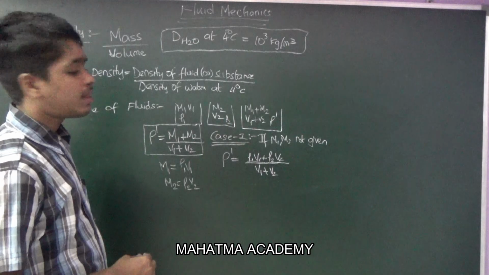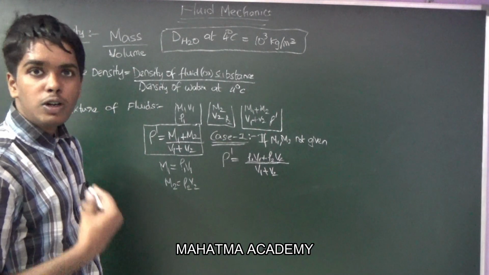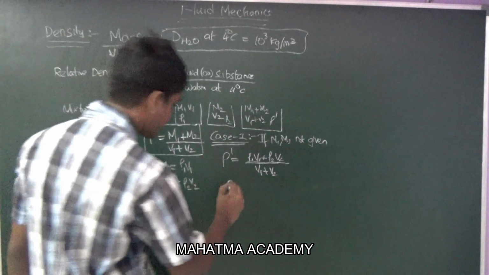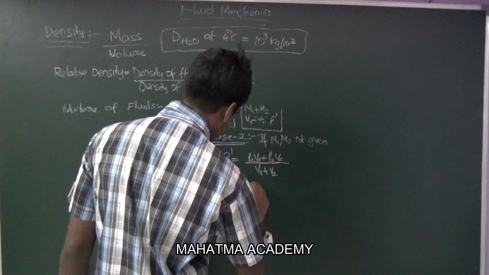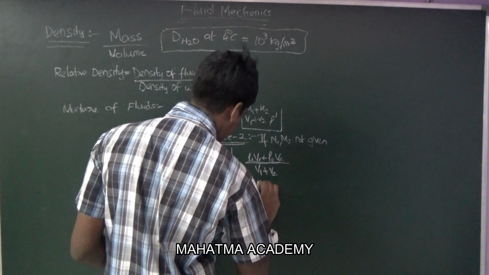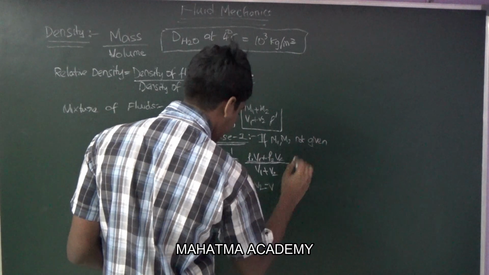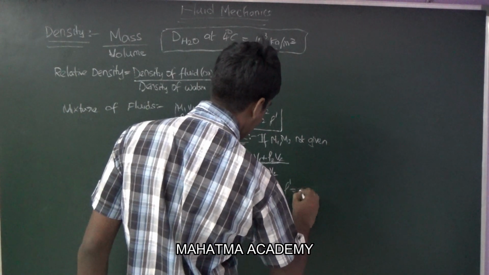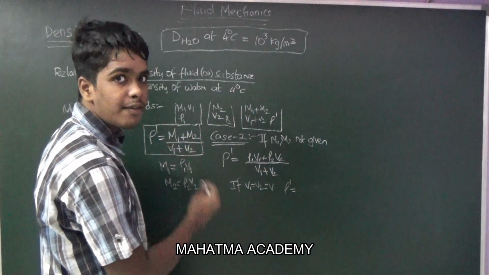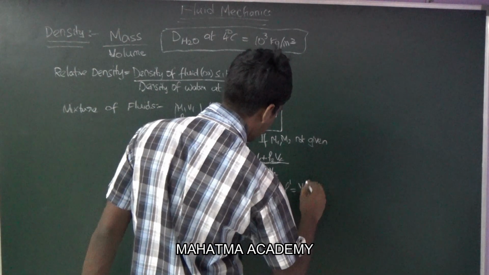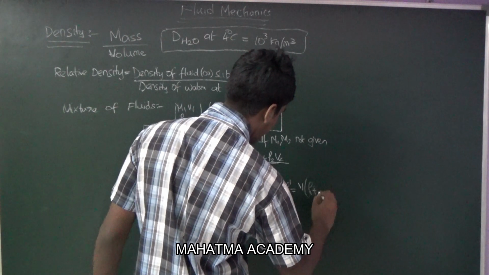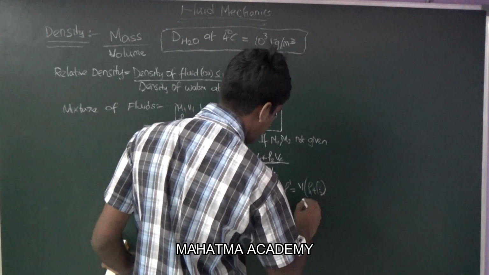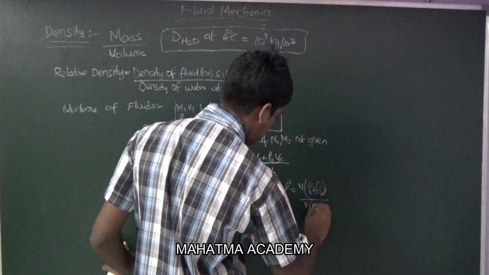Now we have the case that if V1 is equal to V2 is equal to V, then ρ dash is equal to, we will take the common V, V into ρ1 plus ρ2 upon V into 2.